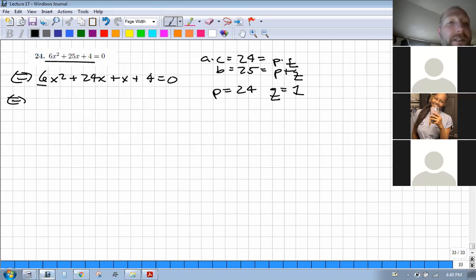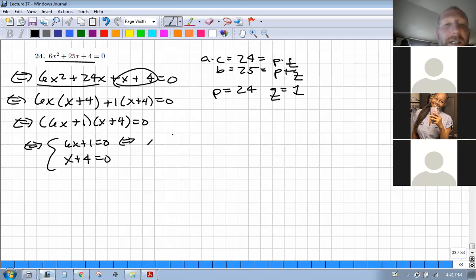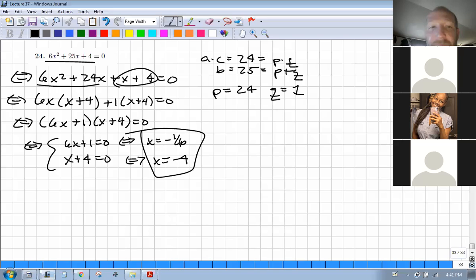And I could factor a 6x out of here, which gives me an x plus 4. And then I have 1 times x plus 4 left. So I have a 6x plus 1 times an x plus 4. So either 6x plus 1 is 0 or x plus 4 is 0. So either x is negative 1/6 or x is negative 4. And there's my two solutions for 24.